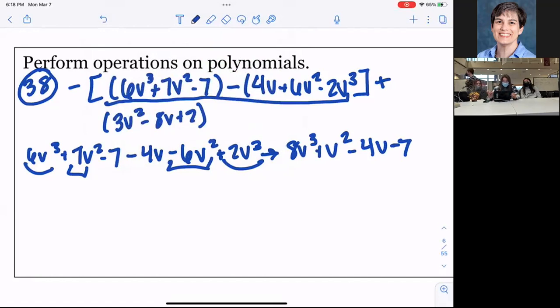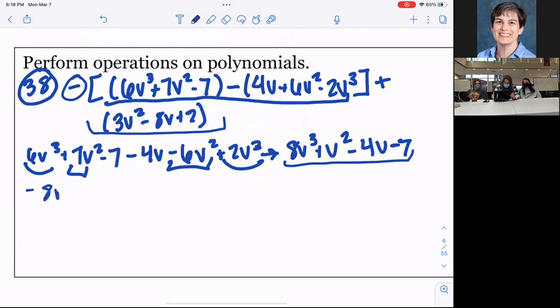Thank you. All righty. So I've got that, right? But don't forget we have this negative out here, right? So before I add this part to this part, I got to distribute that negative. So negative 8v cubed plus v squared minus 4v minus 7.